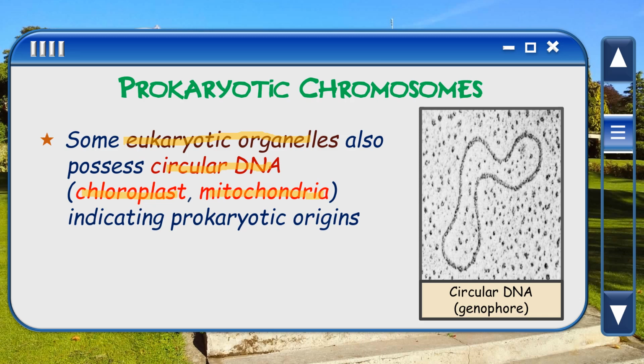These are eukaryotic organelles, but they also possess circular DNA. This is an indicator that these organelles might have a prokaryotic origin, because they have circular DNA in them.